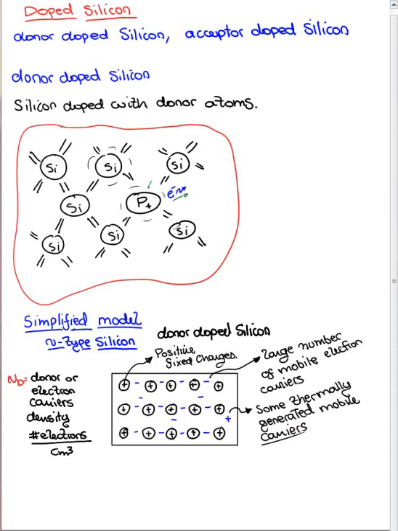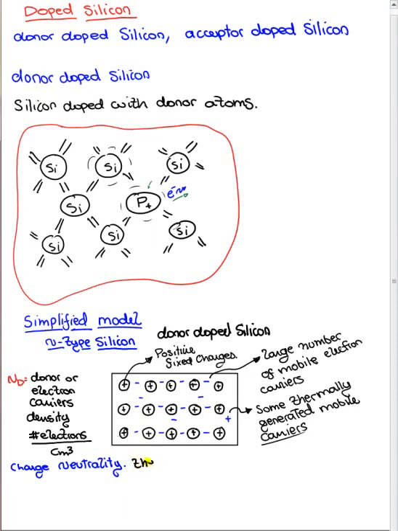Right. And so due to charge neutrality, we do know that the net charge in this material has to be equal to 0 because there is no applied field, right?